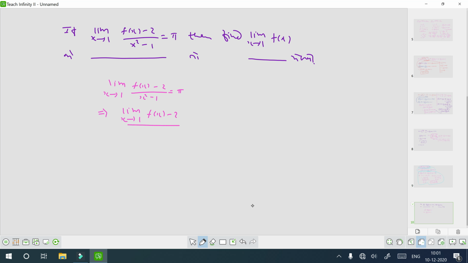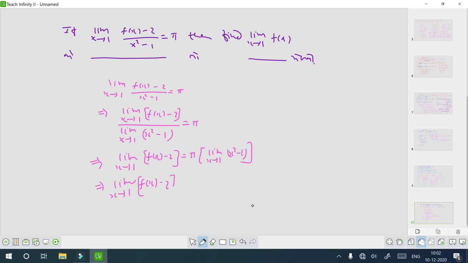Separating it as per that form, f of x minus 2 is equal to pi times x square minus 1. So this implies limit x tends to 1 f of x minus 2 is equal to pi into 1 minus 1. So here we can separate the limit term by term also.